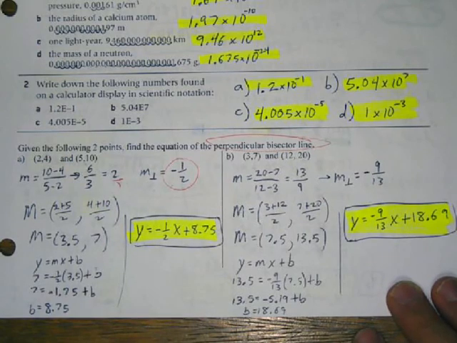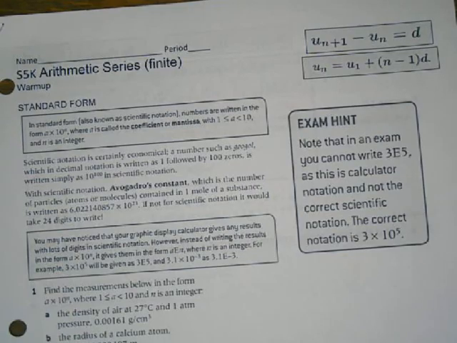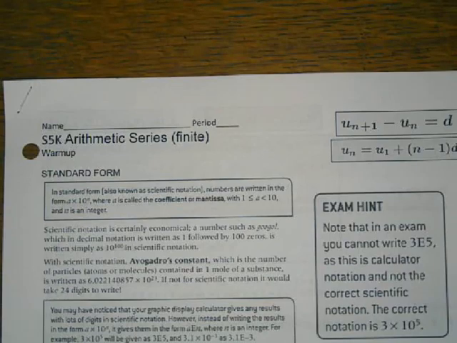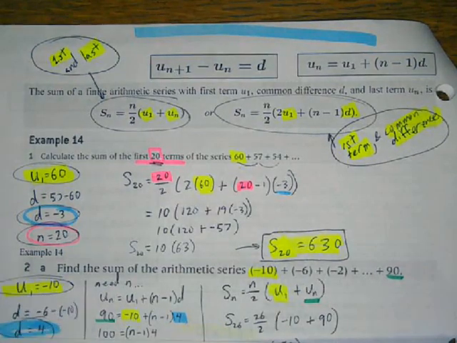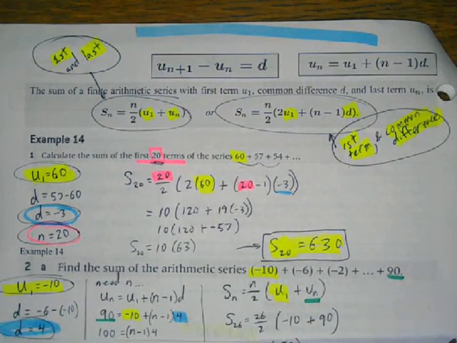Okay, so now let's do some problems here. I'm going to walk you through this one, and some of the problems we'll do, but this one I just want to walk through.